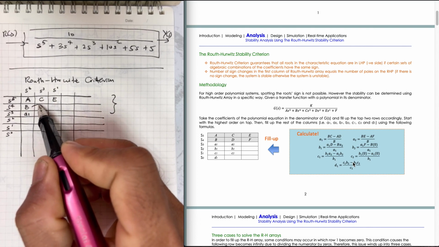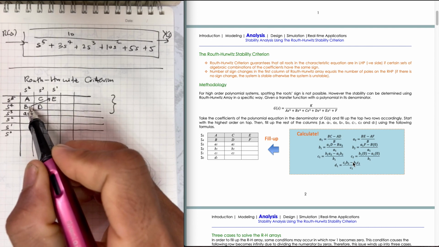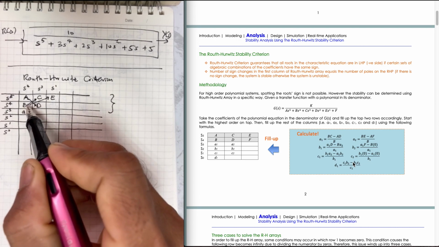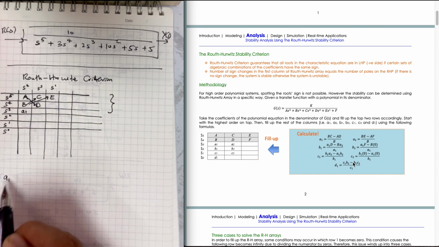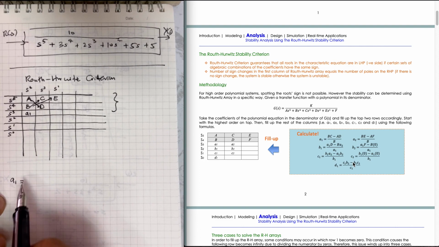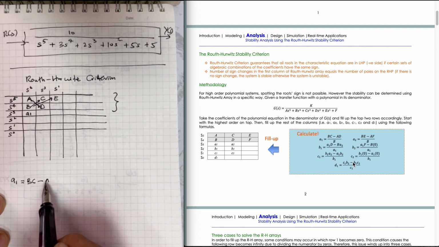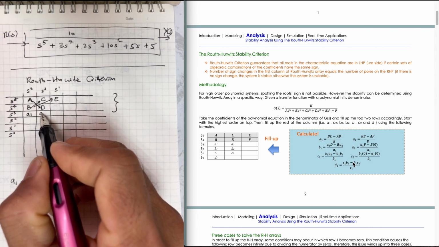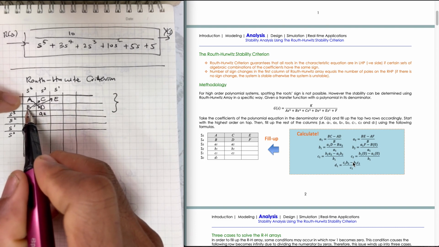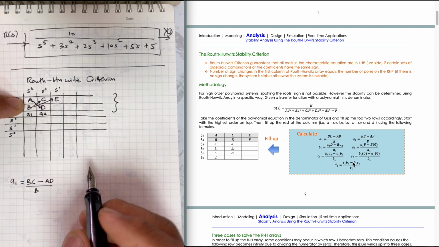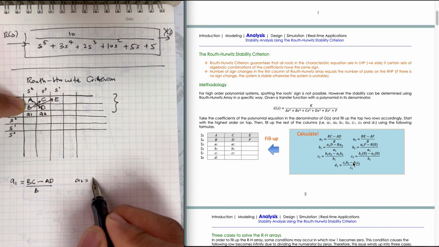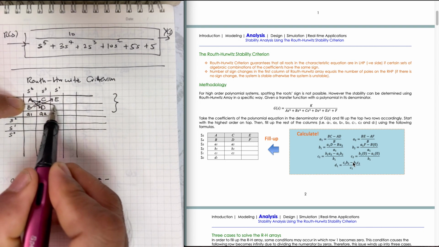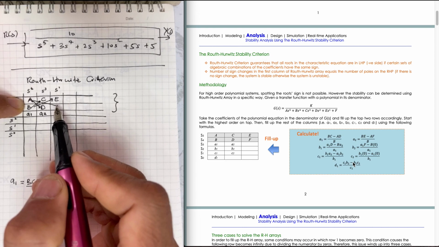A1 is B times C minus A times D, divided by B. So A1 is equal to (BC minus AD) divided by B. You got that. And then A2, the same pattern: B multiplied by E minus A multiplied by the next one in the s1 column.